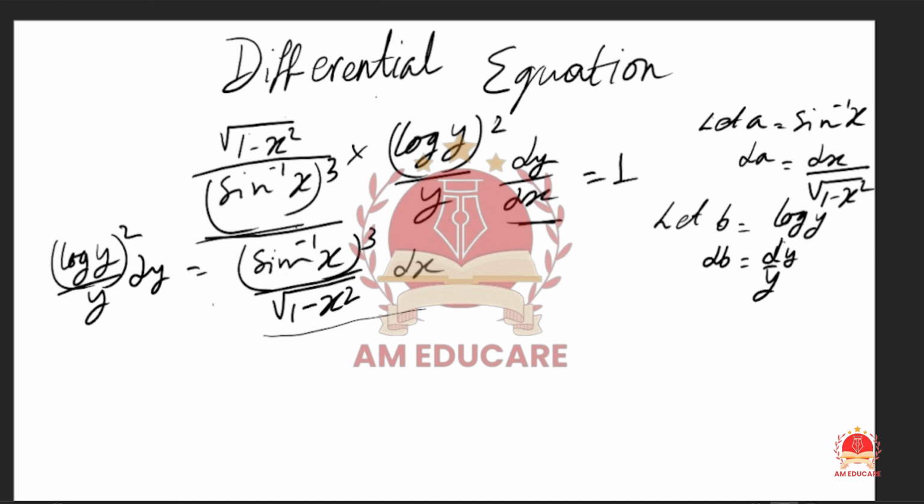So let's modify the equation accordingly. We get the integral of b squared db equals the integral of a cubed da. Integrating, we get b cubed by 3 equals a to the power 4 by 4.